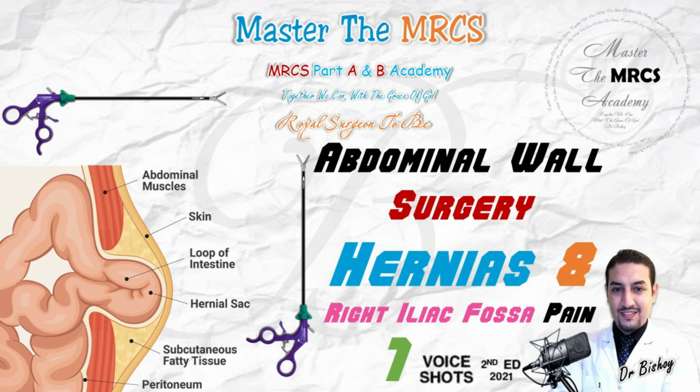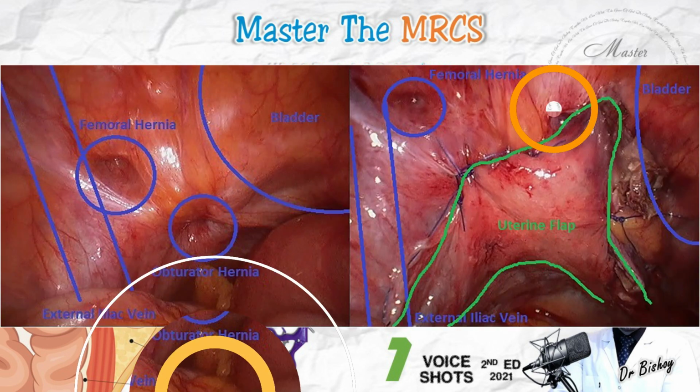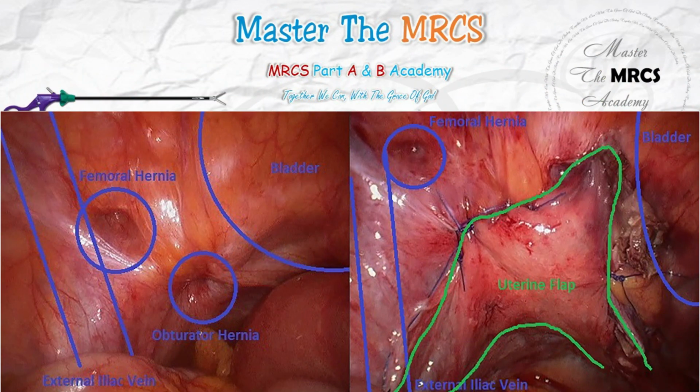If we have to mention the obturator hernia, it is very rare and more common in females. It's between the pectineus and obturator externus muscle and often presents with incarceration and is mostly diagnosed very late. And the femoral hernia is more common in females as well. It's the hernial sac medial to the femoral vein, compressing it. Take care.